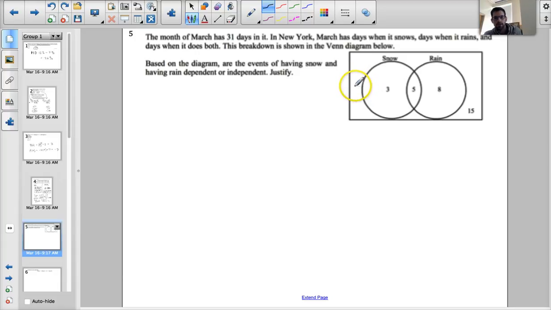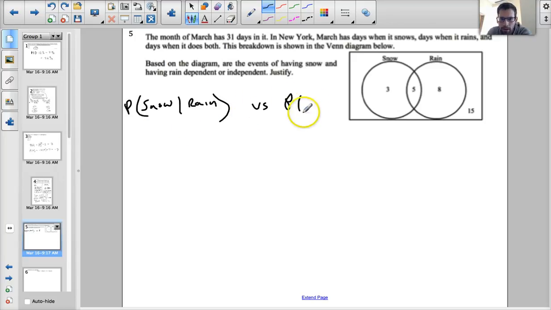Let's see, I need to think about this. I need to be comparing some sort of probabilities here to see if they're independent or dependent. Okay, so what I'm going to have to do is figure out the probability of snow given rain and compare it to just the probability of snow.